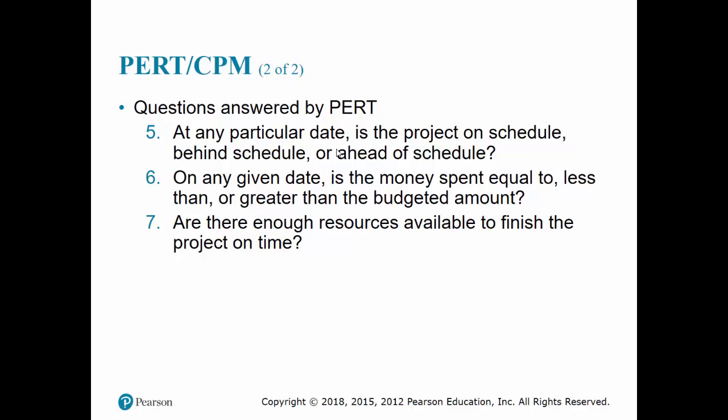The same with respect to budget: are we within budget, over budget, or under budget? Are there enough resources available to finish the project on time? These are the questions that need to be answered by both CPM and PERT. But when it is PERT, the focus is going to be on probability.